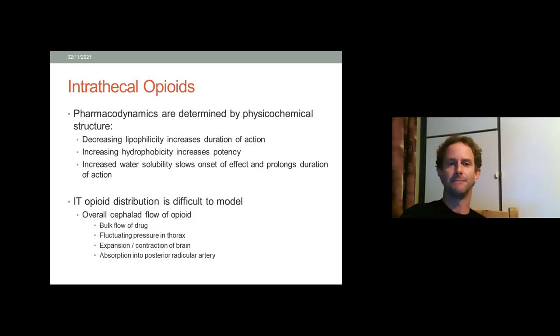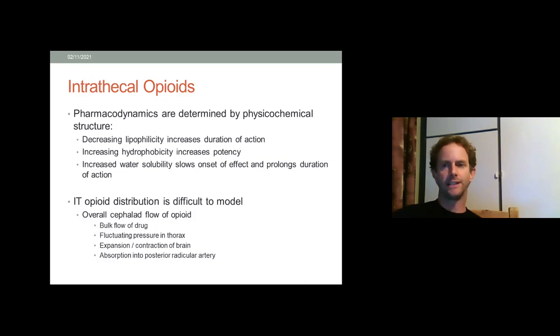And if you make it more hydrophobic, you increase the potency. So that's kind of comparing fentanyl and morphine intrathecally. Fentanyl's 4 times more potent intrathecally as opposed to 100 times if you use it IV compared to morphine.